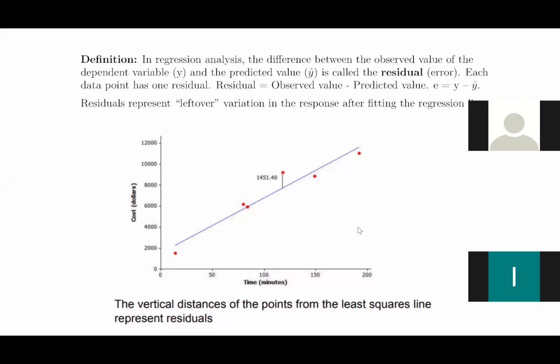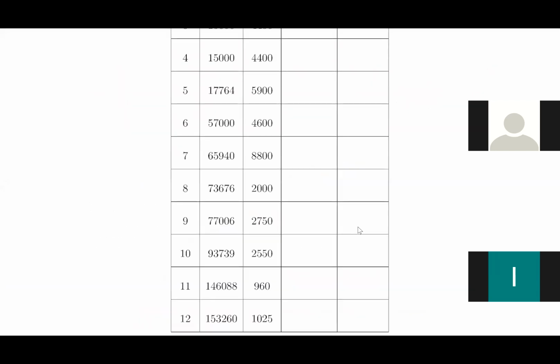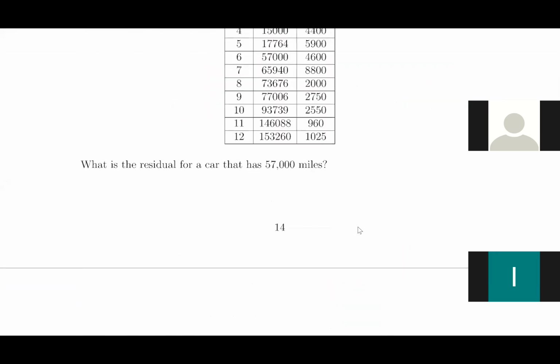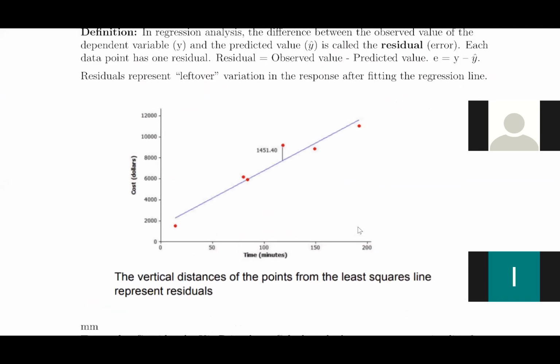All right, so pretty much this one is the residual. So you just remember the residual? You want to use this formula: e is equal to y minus y hat.